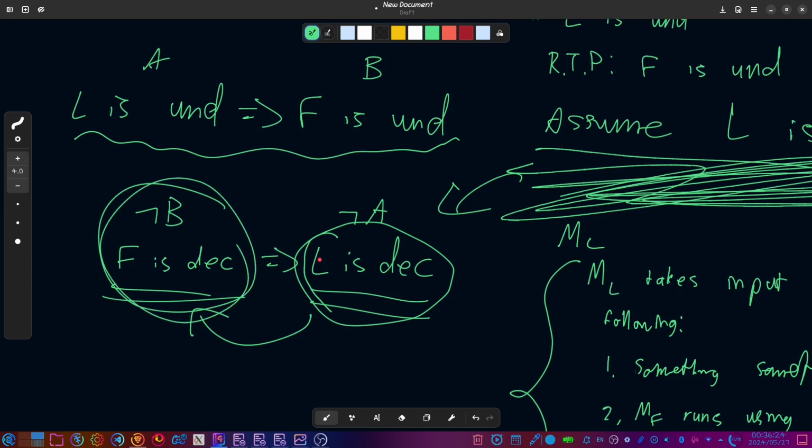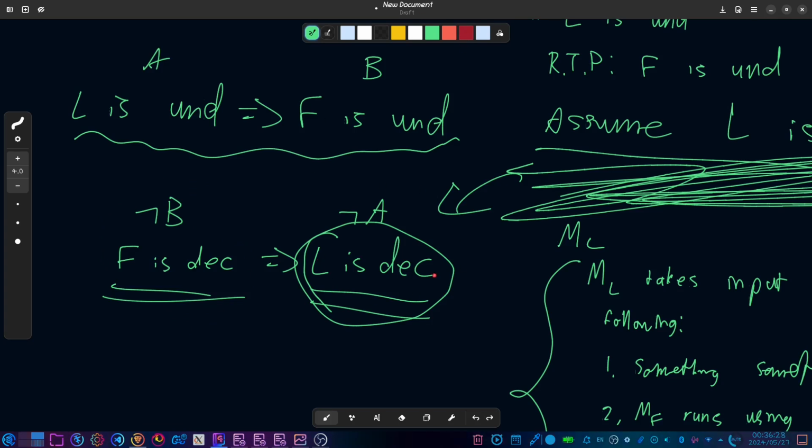It's not a thing. If you're assuming this is true, that doesn't give you any valuable information about what's happening here. It doesn't make a lot of sense, I guess is what I'm trying to say.